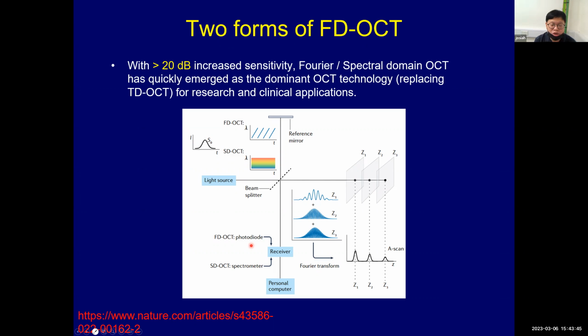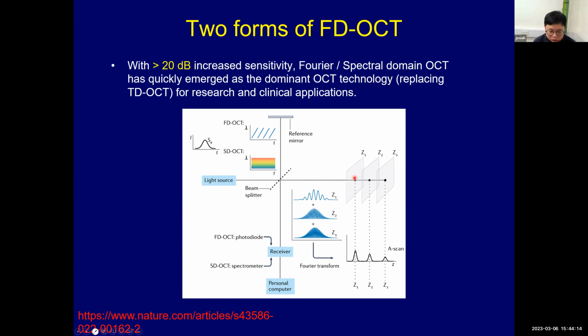It's just whether you provide a broad bandwidth in one shot, or you sweep the wavelength and get it sequentially. It's still the same: you get the interference signal, and then you can do the Fourier transform as mentioned here. Typically, the depth information is encoded in the frequency.